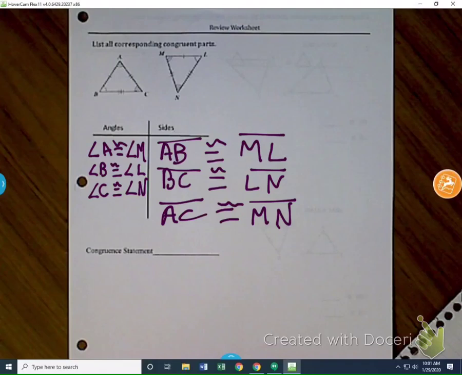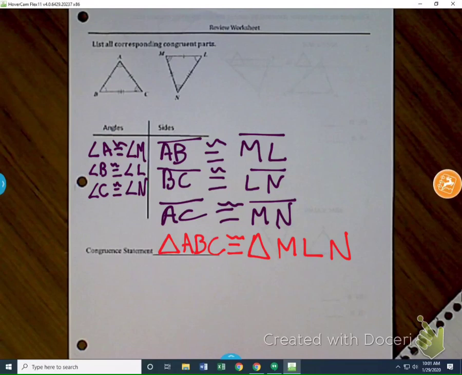Now, for the congruent statement, you could have 3 possible answers. So first, once again, we need to make sure we're writing this correctly. You should always have triangle first. So I'm going to do triangle ABC is congruent to triangle. What paired with A? What paired with B? What paired with C?